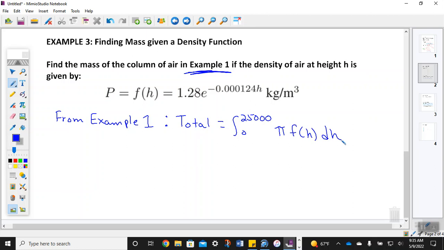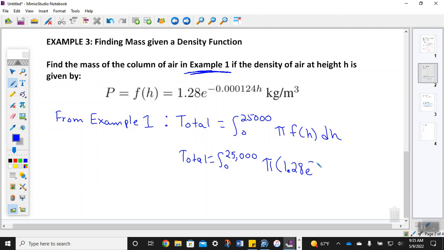So friends, what am I plugging in there for your density function f of h? 1.28 e to the... Okay, so if I want to know how many total kilograms of air are there, the total would equal the definite integral from 0 to 25,000 of pi times 1.28 e to the negative, how many zeros are there? 3 of them?